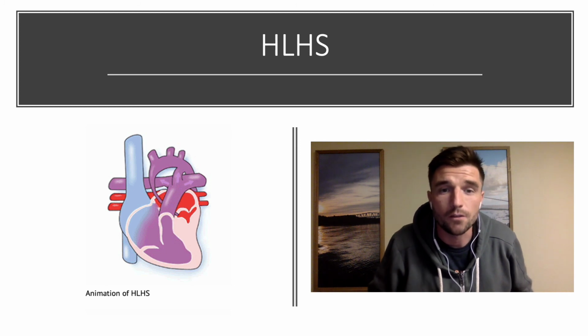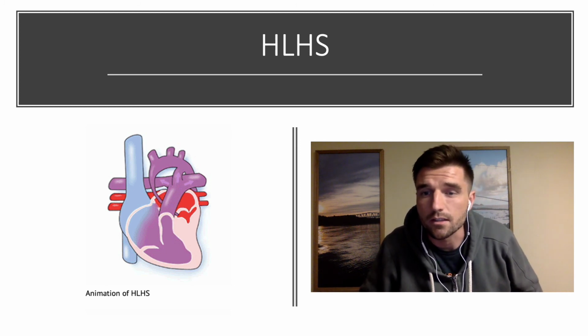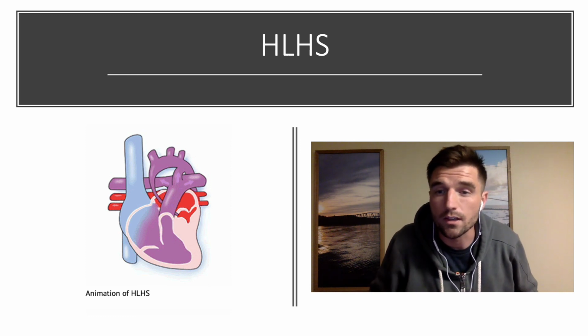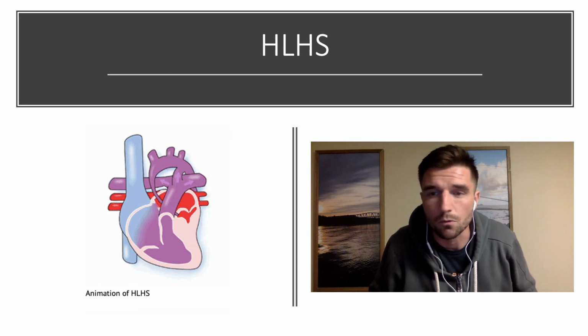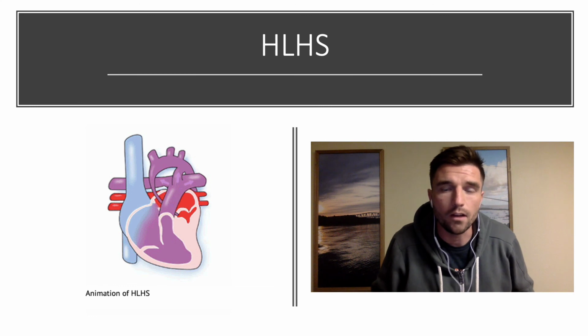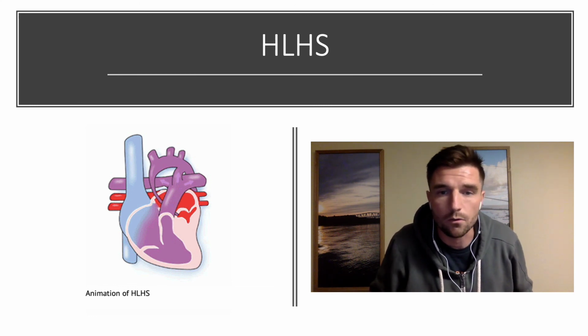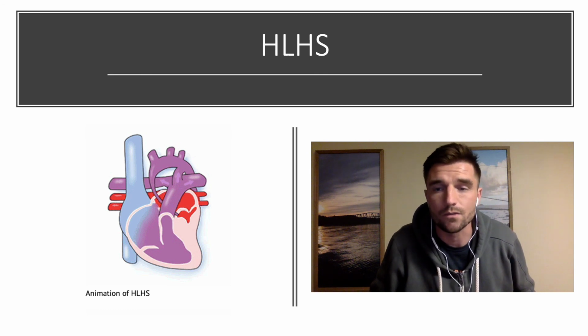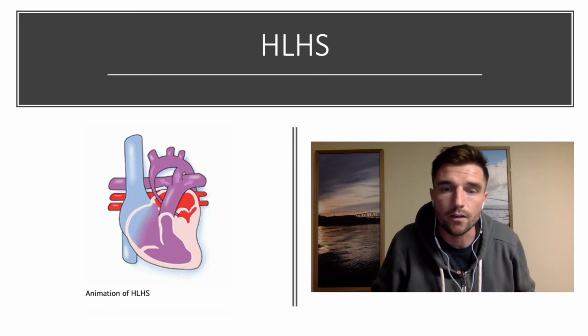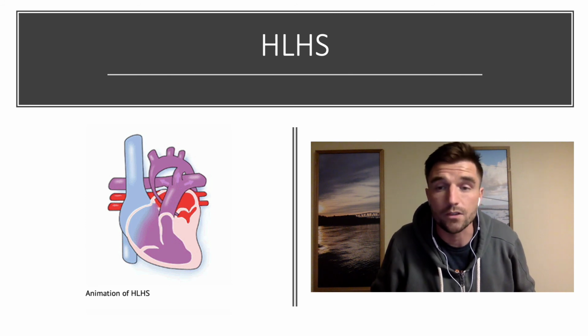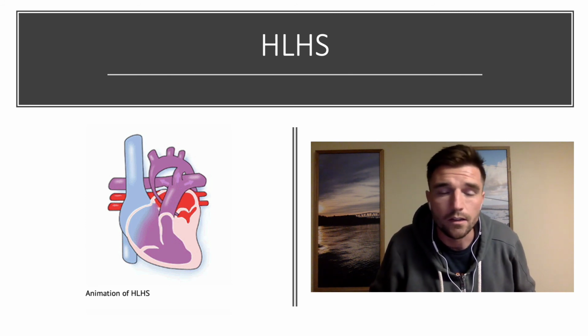So hypoplastic left heart syndrome, as the name suggests, the left-sided structures are severely hypoplastic. The classic form of this is mitral atresia, aortic atresia. This is a spectrum, and so some children born with this anomaly will have some forward flow across the aortic valve, but it's severely limited, and they still have a very hypoplastic arch, and so it's over time going to be insufficient and unsustainable.